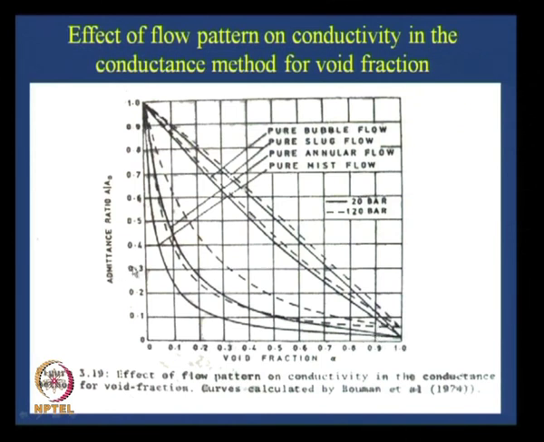So, for the same admittance, say the admittance ratio is 0.3, when it is annular flow, the void fraction is 0.2, and when it is bubbly or slug flow, the void fraction is almost 0.7, 0.75.